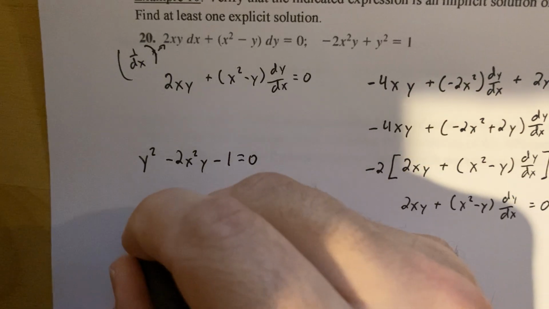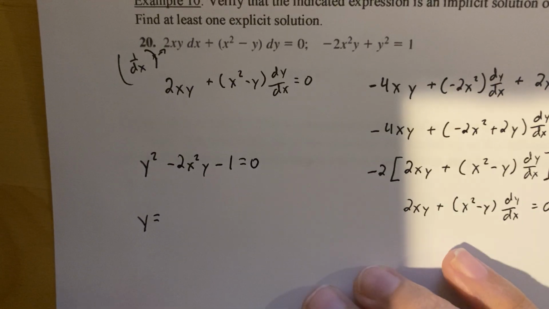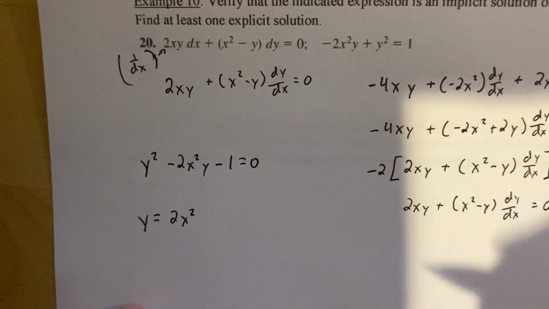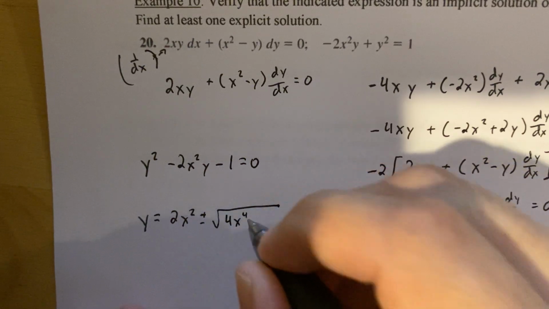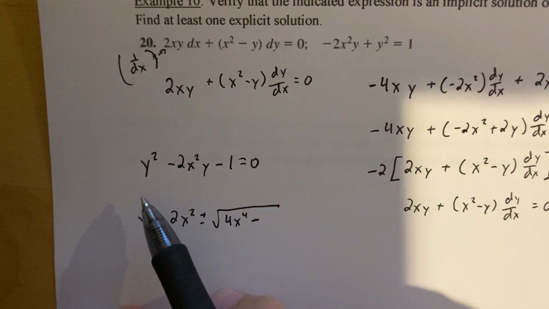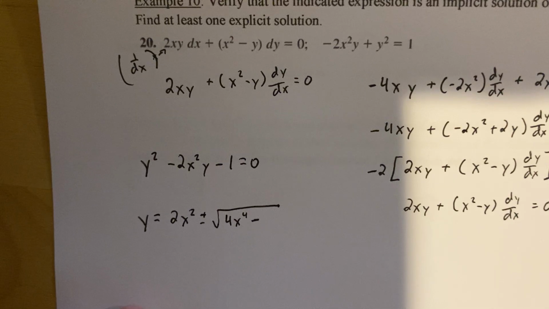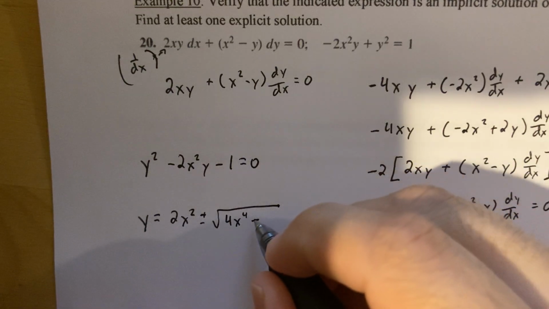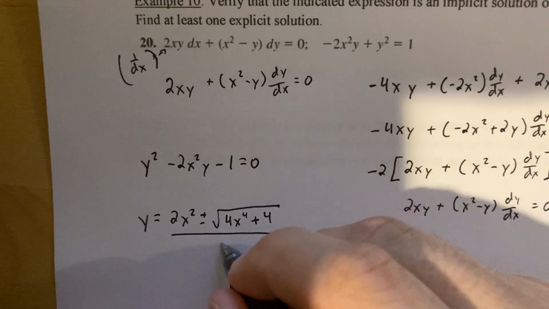And so y is equal to negative b, so 2x squared, plus or minus the square root of b squared, so negative 2x squared is just going to be 4x to the 4th, minus 4ac, so plus 4, all of that over 2 times a, so 2.